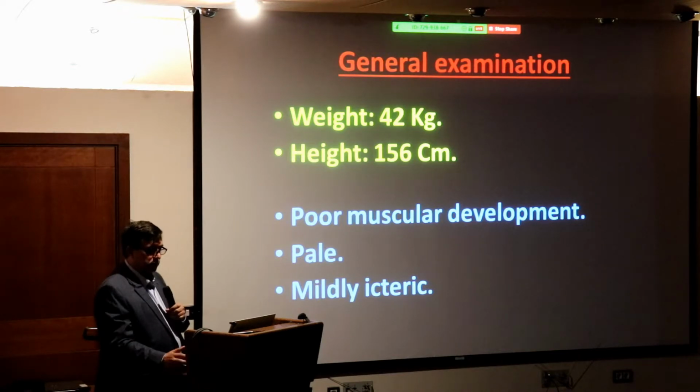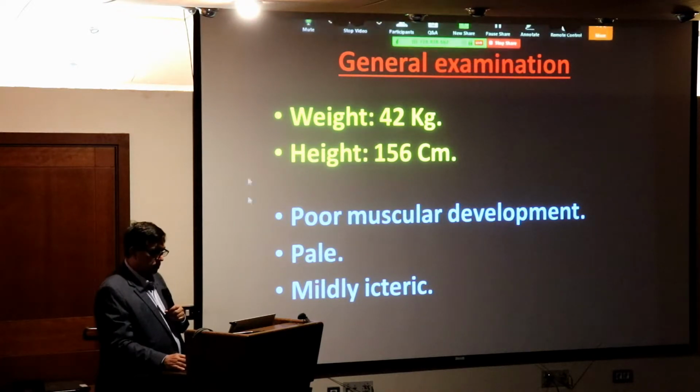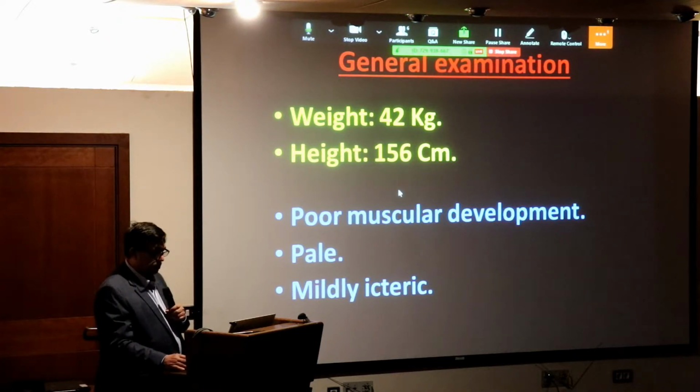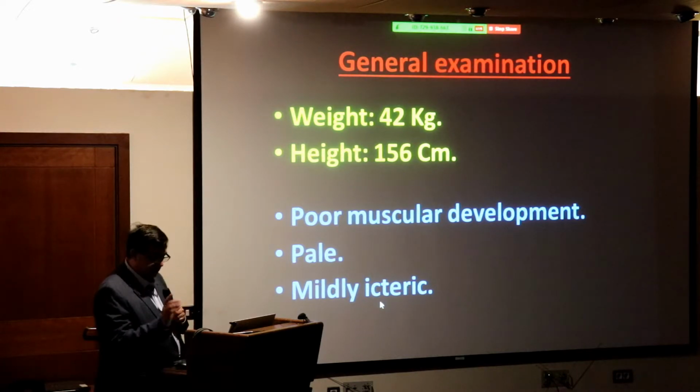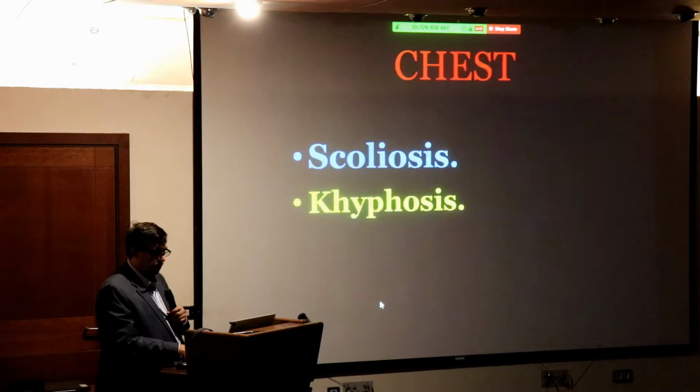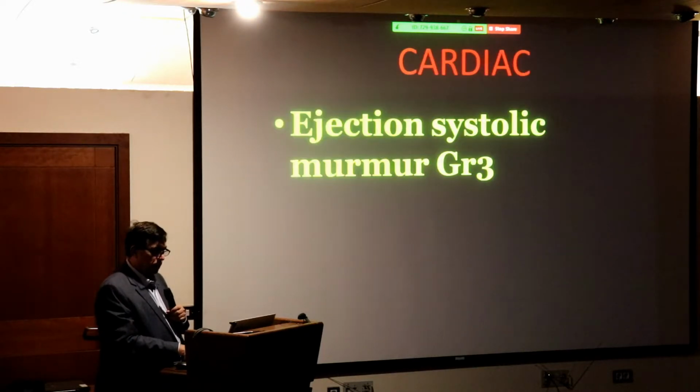Her weight, she's 35, was 42 kilograms. She was ill-looking. Height is 156 centimeters, poorly muscled, a petite lady, pale with slight jaundice. She had scoliosis and kyphosis. She had a grade 3 ejection systolic murmur because of her hemodynamic state.